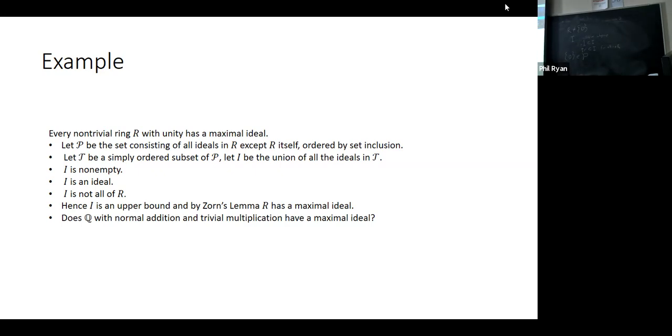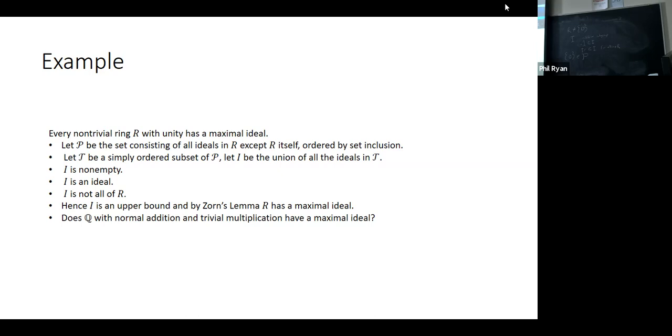So 1 can't be an element in the final union. Okay. Hence, that's an upper bound. And so we use Zorn's lemma and say that it has a maximal ideal.